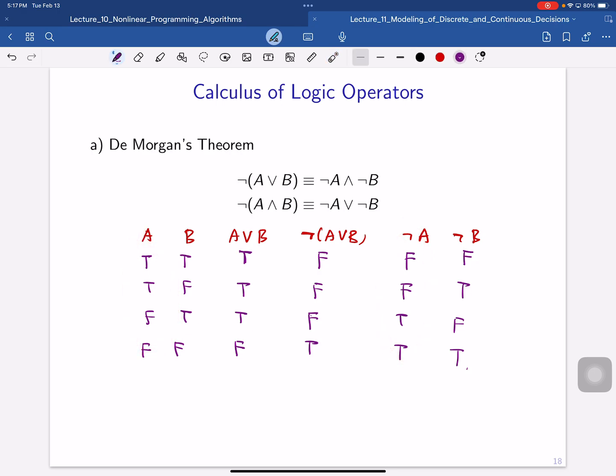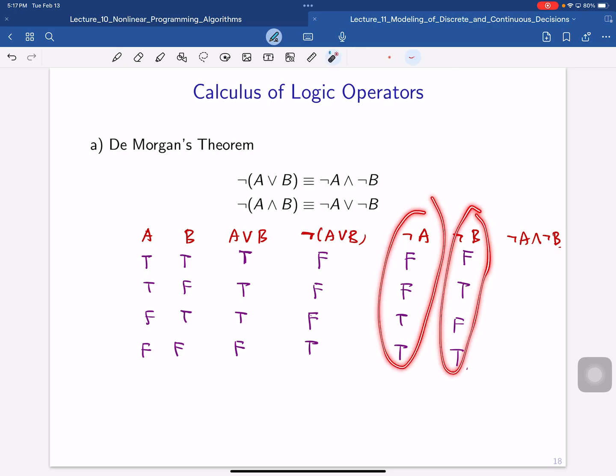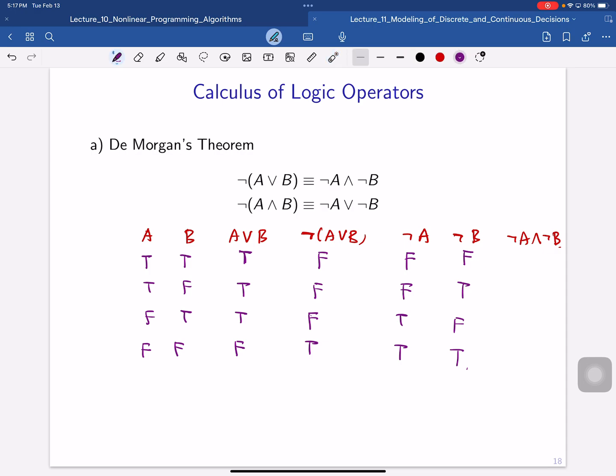And now let's do not A and not B, right? So not A and not B is only true if these two columns are both true, right? So the only true row is the last one. All the others are false, right?